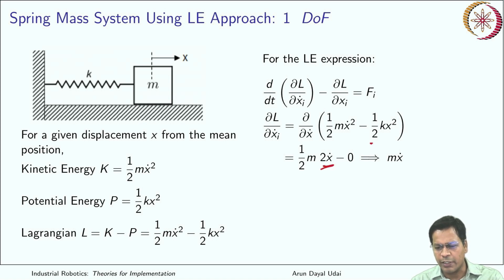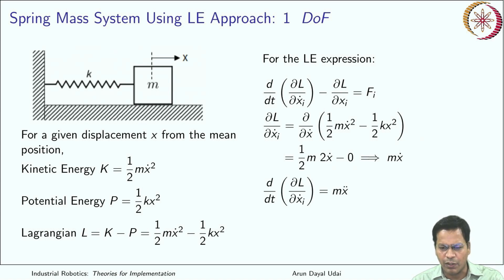The partial derivative of the second part turns out to be 0 because there is no velocity over there. So effectively dou L by dou x dot is equal to m x dot. Moving ahead, taking the time derivative of that, what should it give you?